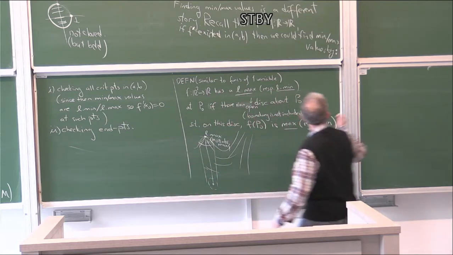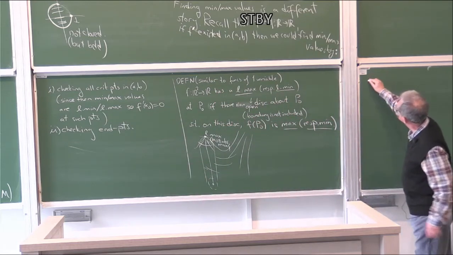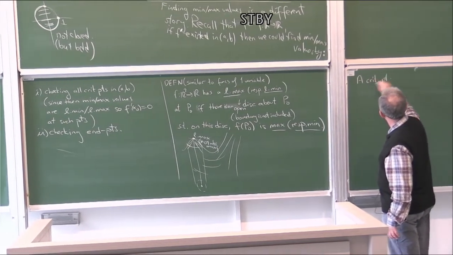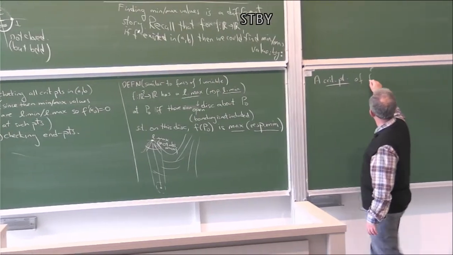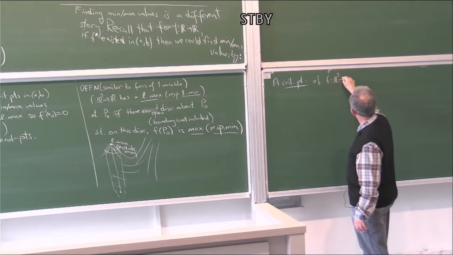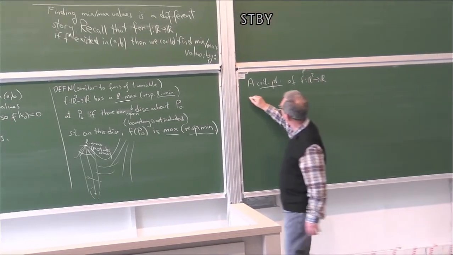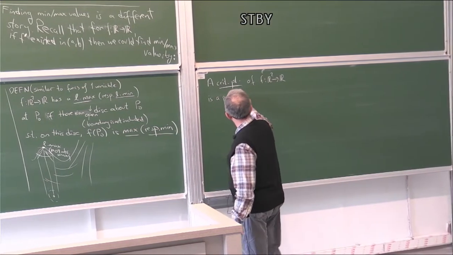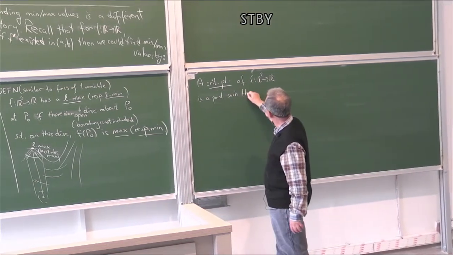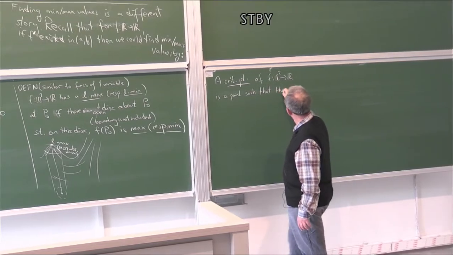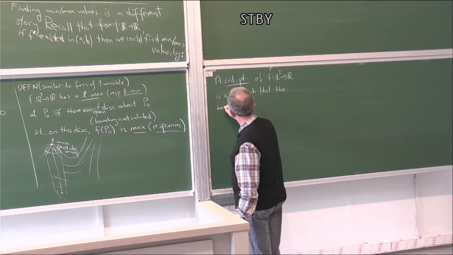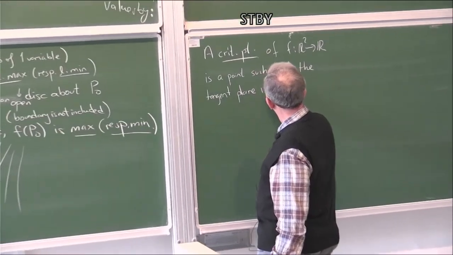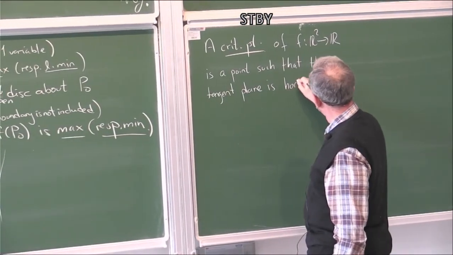So, a critical point of a function of two variables is a point such that the tangent plane is horizontal.